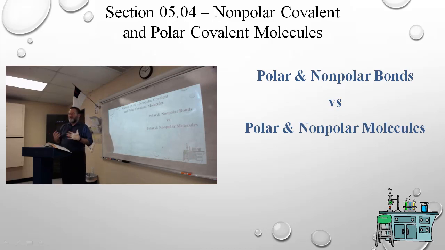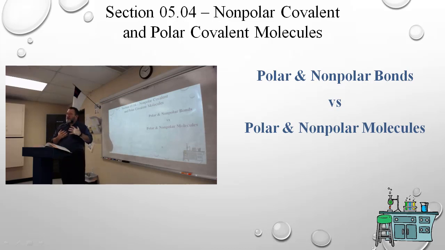Remember, this is a sharing, but it's not fair. One element is hogging the electron. Which one is going to hog the electron? Remember from yesterday? What periodic property are we looking at? Electronegativity. So the higher electronegativity, remember, electronegativity is the force that an element exerts to gain an electron.